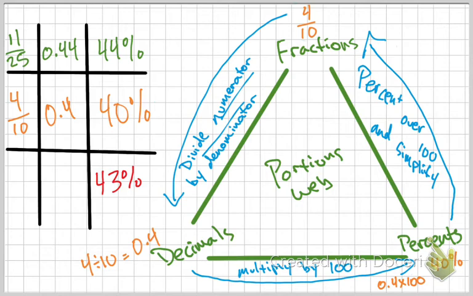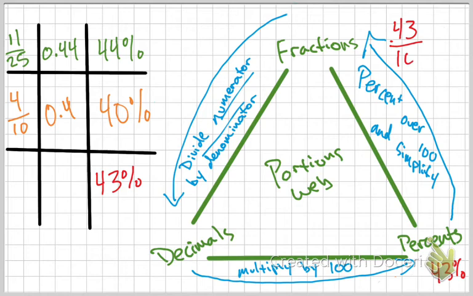And we also have 43% that we need to turn into a fraction and into a decimal. So again, I'm just going to clear out those values. I'm going to start by writing 43% in my percent spot, and I'm going to go now up to a fraction. I can turn any percent into a fraction by writing that percent over 100 and then simplifying if possible.